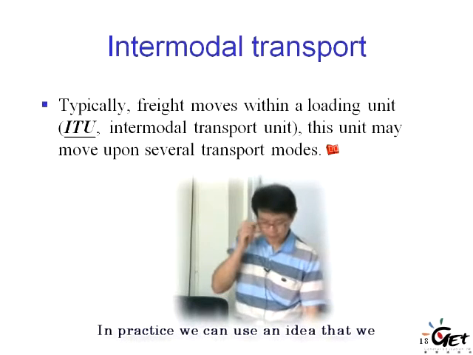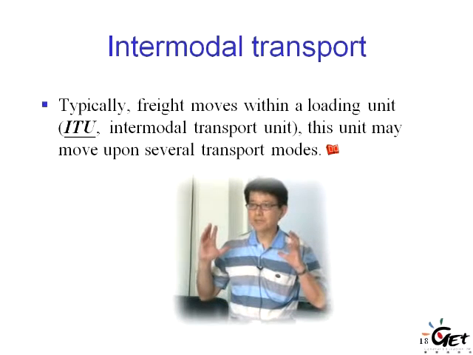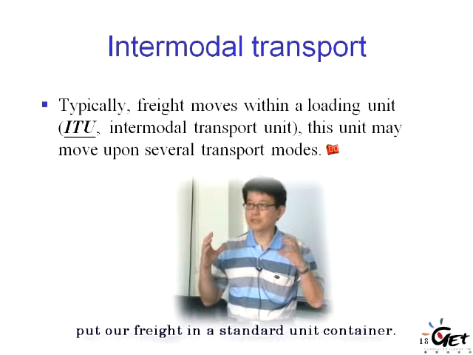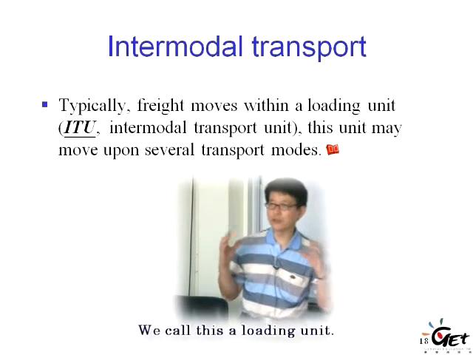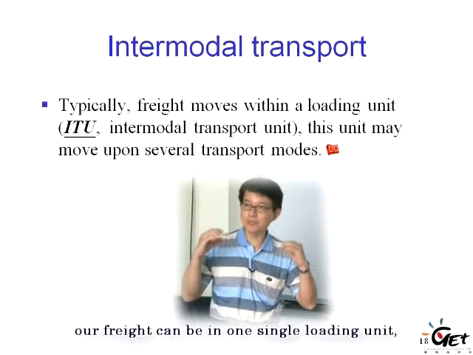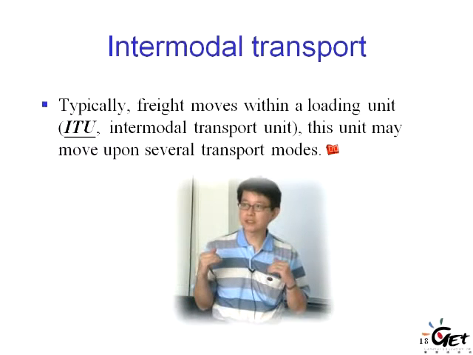In practice, we can use an idea that we put our freight in a standard unit of container, right? We call this a loading unit. If all our freight can be in one single loading unit, right?